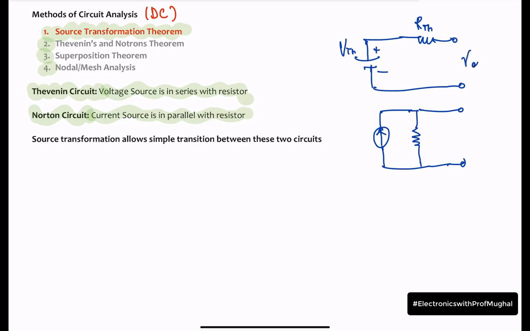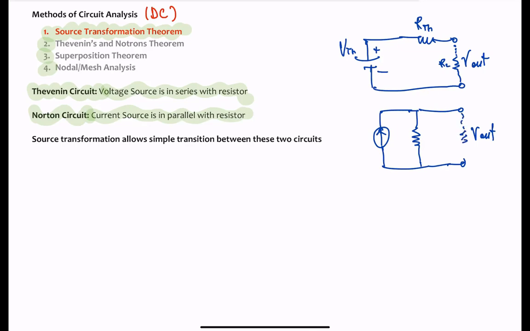Maybe this could be V out, or you can have some kind of load connected over here, RL. This is just imaginary. Again, this will be referred to as the Norton resistance right here, and this is the Norton current right here, I_NO in the subscript.